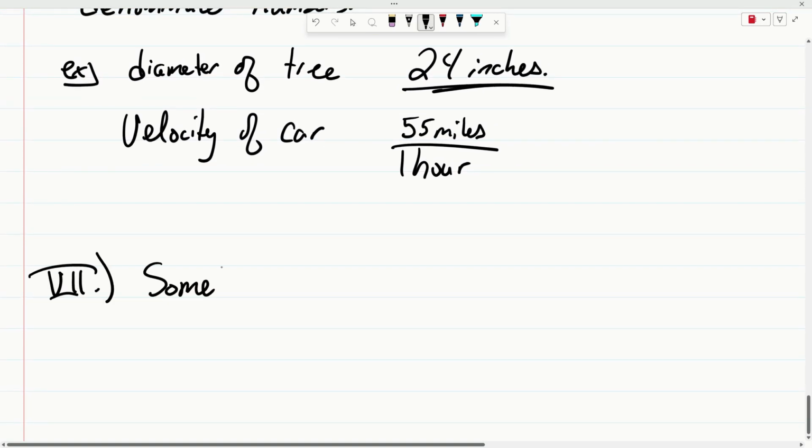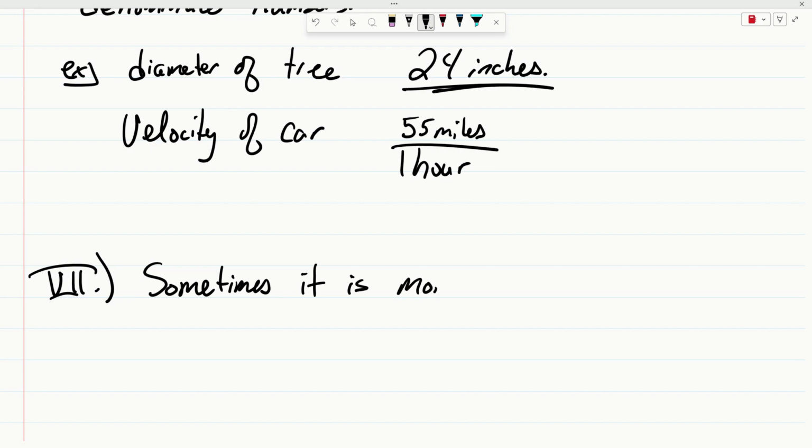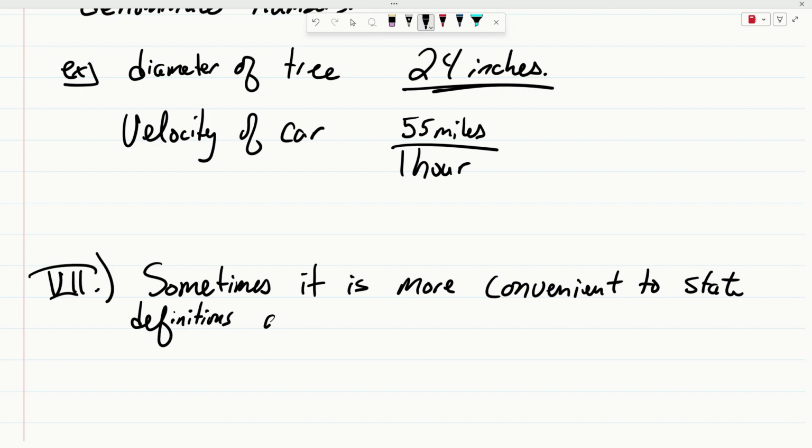So sometimes it is more convenient to state definitions and operations on numbers in general form.